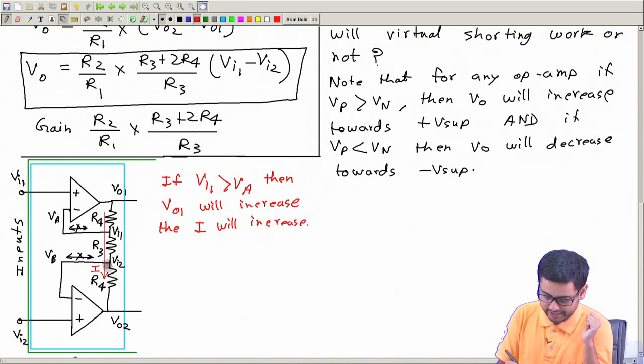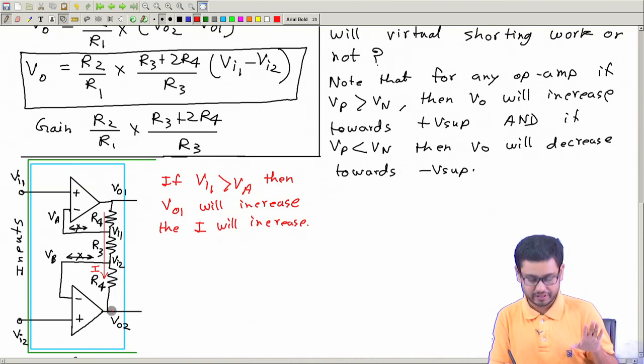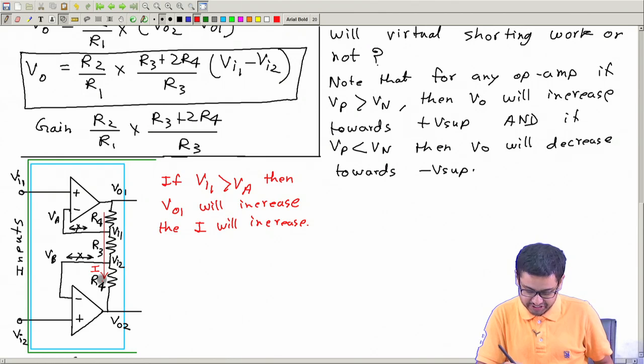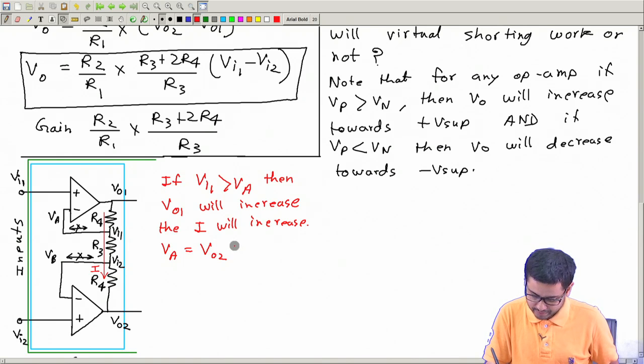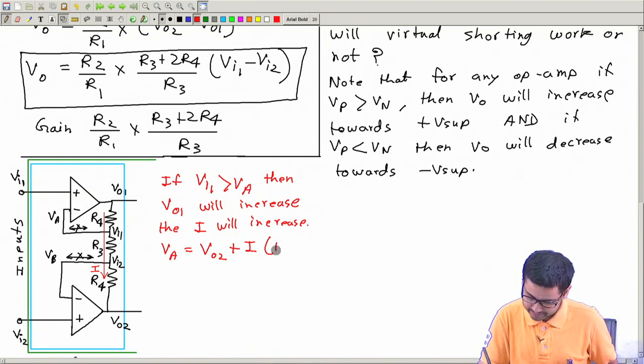okay, and if I is increasing, then this point Vo2, this potential is not changing, as assumed, this is at a fixed value, this current is increased, so then this potential will increase, because this Va we know is the same as Vo2 plus I multiplied by R4 plus R3.